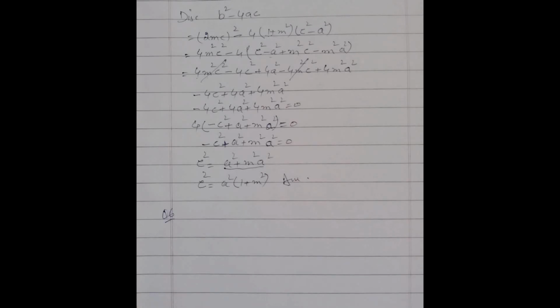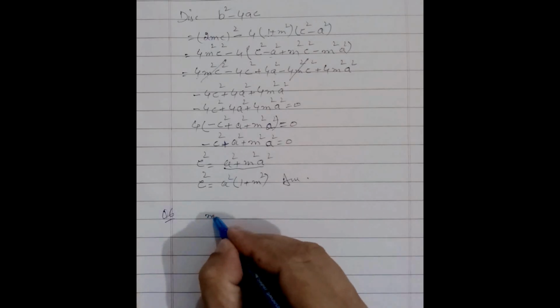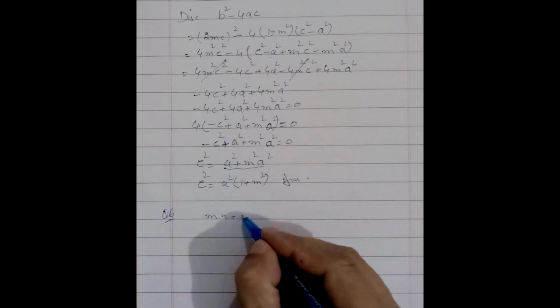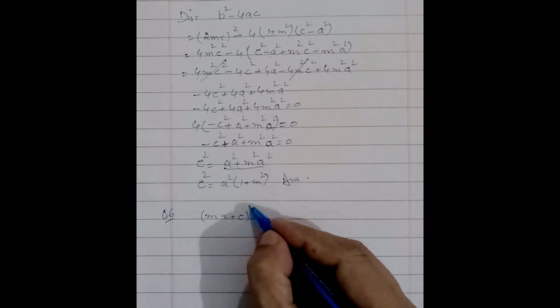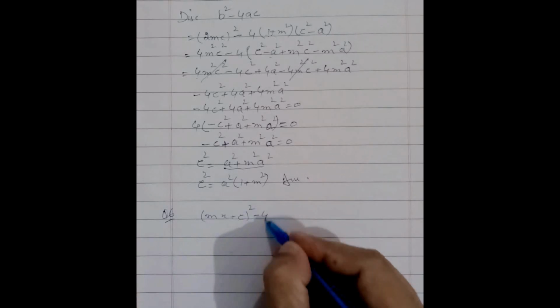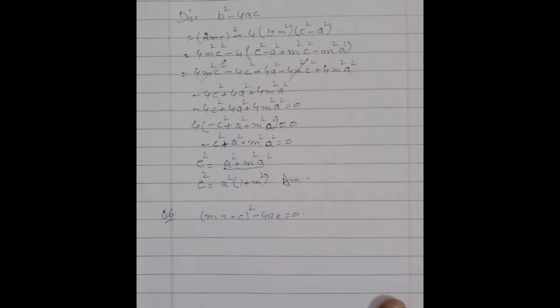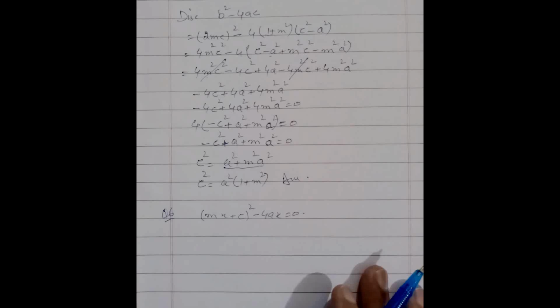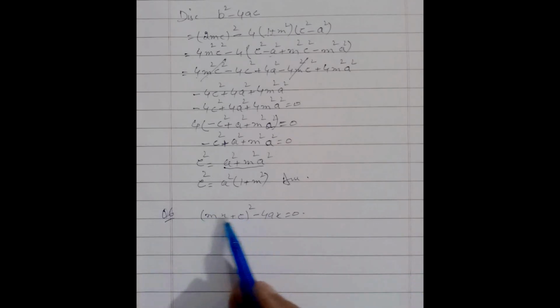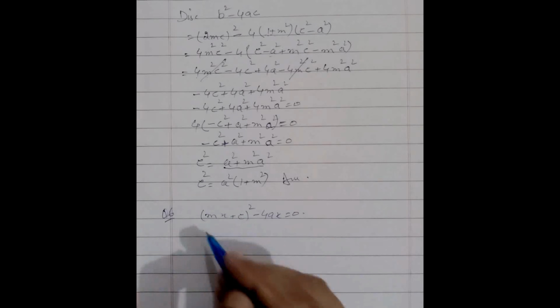The question of question 6 is (mx + c)² − 4ax = 0. So we first convert this equation into a standard quadratic equation by taking the square of mx + c.